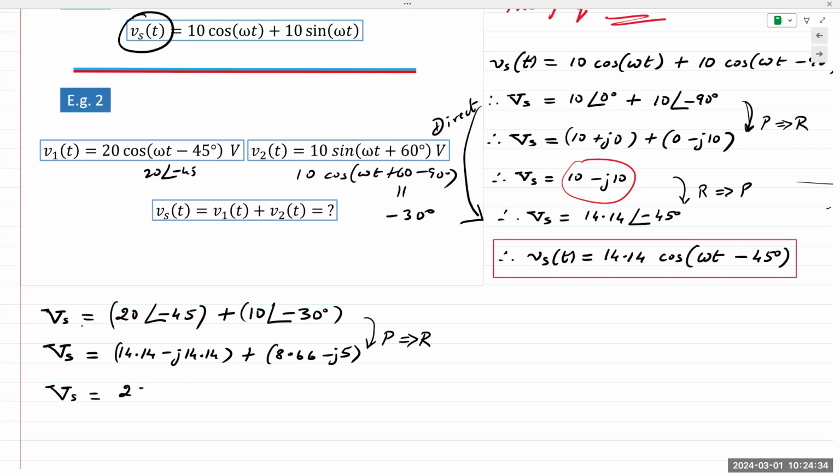Adding up the real parts together gives me 22.8. Adding up the imaginary parts together gives me minus 19.24. Since I need to perform an inverse phasor transform, I'm going to perform a conversion from rectangular to polar coordinates. That gives me a vector with a magnitude of 29.77 and a phase angle of minus 40.0125 degrees.